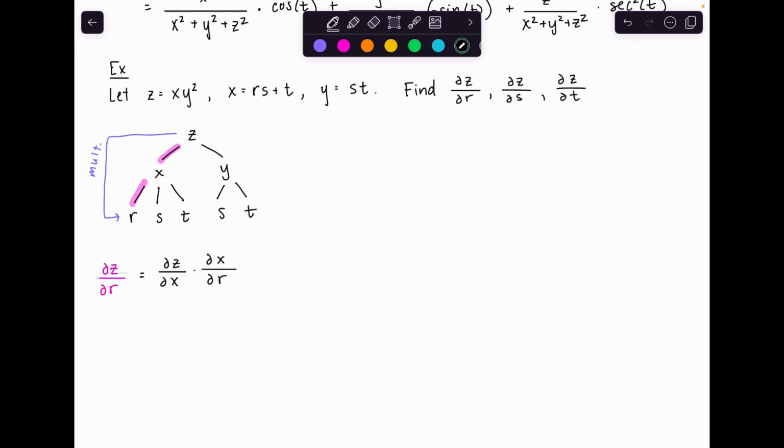Okay. If I then want to find the partial of z with respect to s, I have two different paths down there. I go through x, and then I also go through s. So this is going to be the partial of z with respect to x, and then x to s. Or I can go through y, and then y to s.